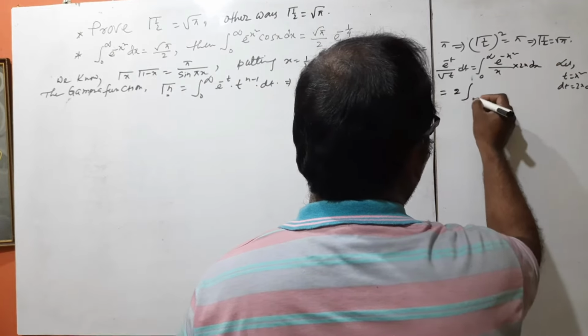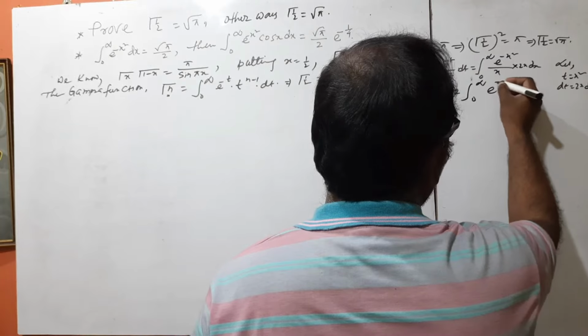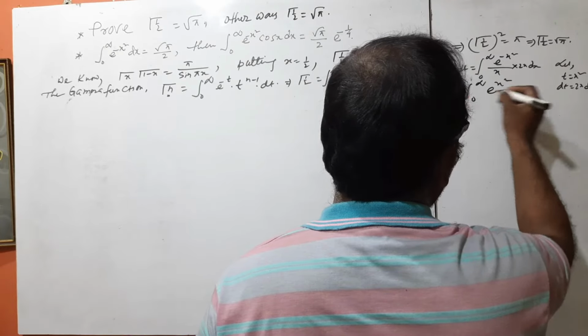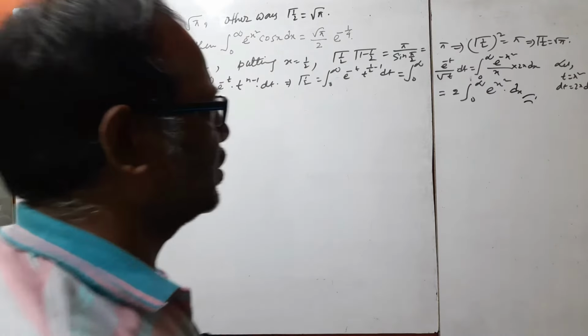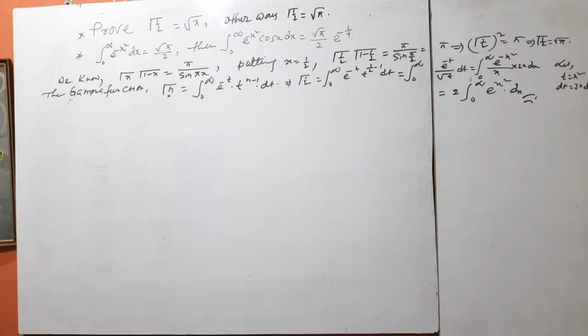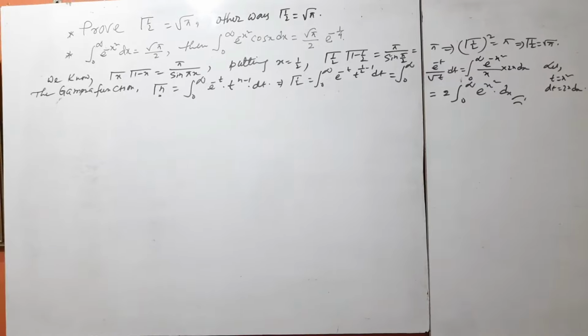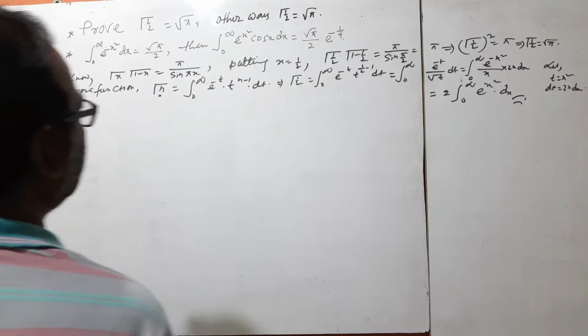This is 2 times the integral from 0 to infinity of e to the power minus x square dx. So this is the other formation of gamma half, that is 2 times the integral from 0 to infinity of e to the power minus x square.